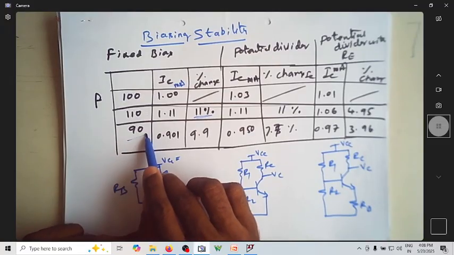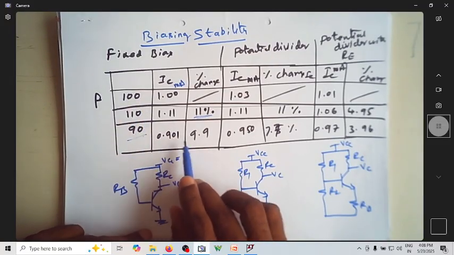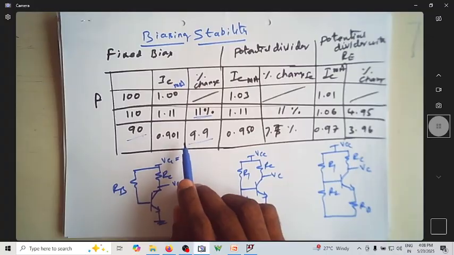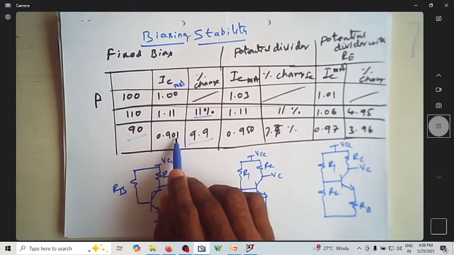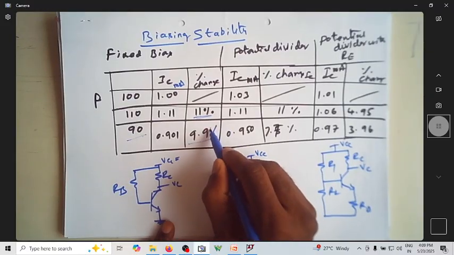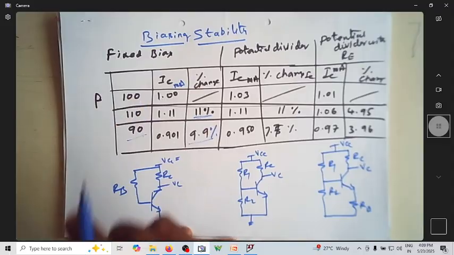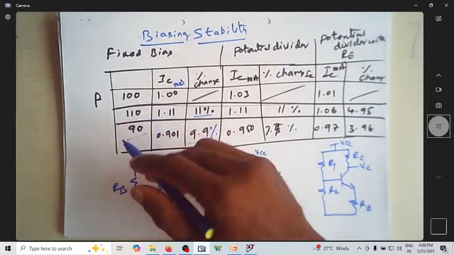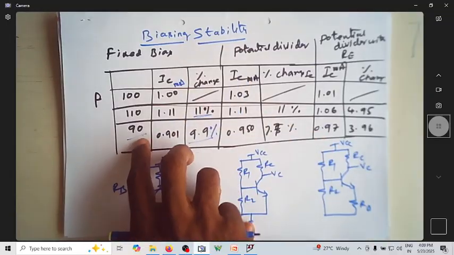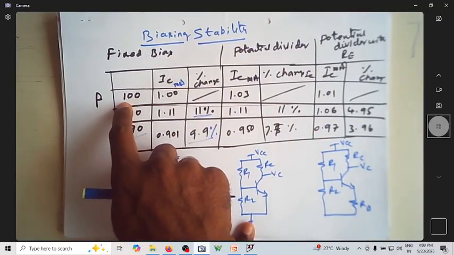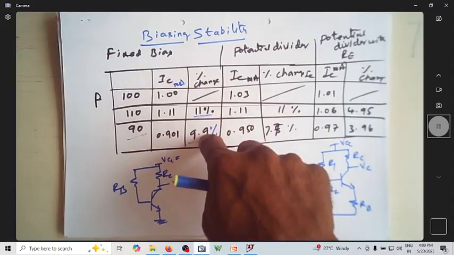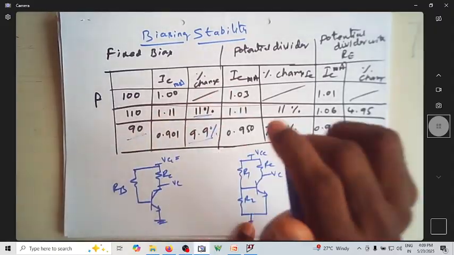When I reduce it to 90, the current is 0.901 milliampere, a 9.9% change as beta changes. Meaning you cannot overcome the variation of beta on the variation of your IC.